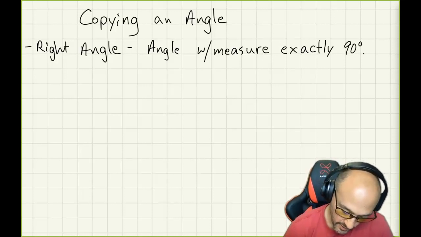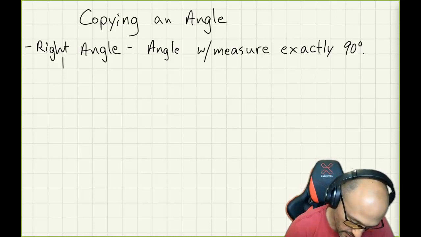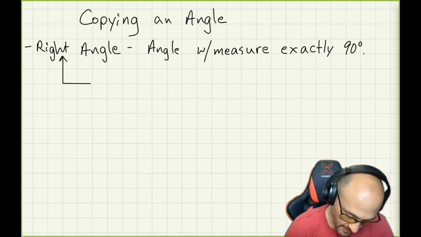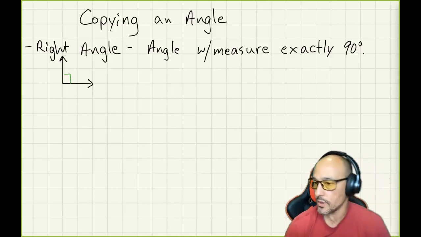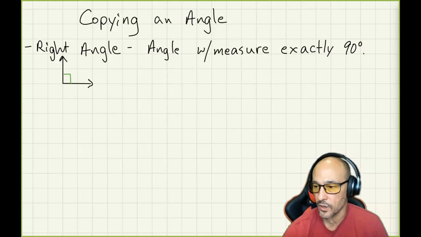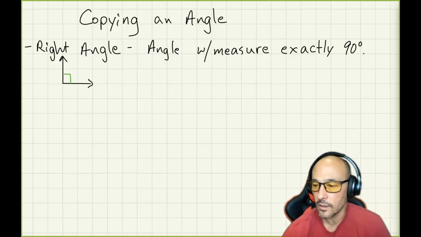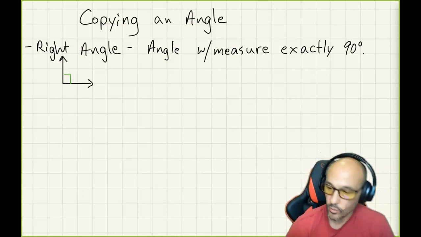And so that's going to look like that. So that is a 90-degree angle. And we often mark it with a little square piece in the corner. So that is a right angle. That's the first one we're looking at.